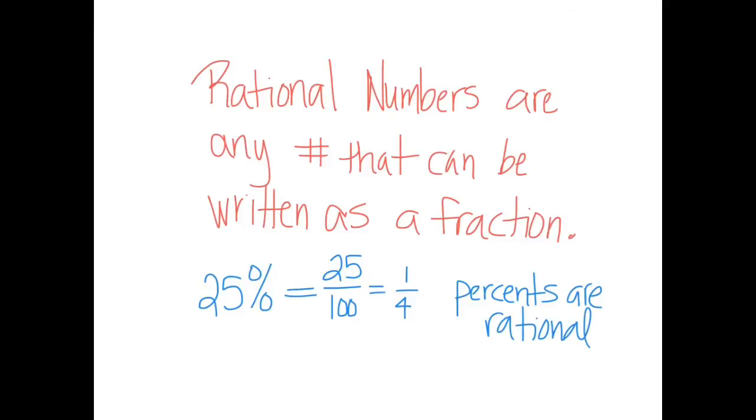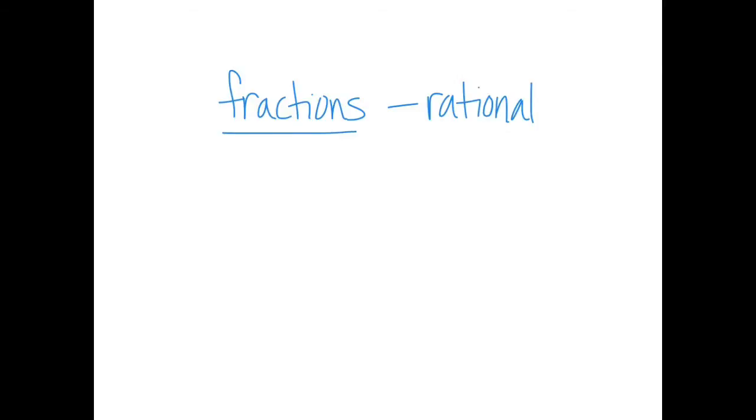Well, that's cool. What about fractions? Well, fractions are rational because the definition of a rational number is any number that can be written as a fraction. What about decimals? What about the decimal 0.8?